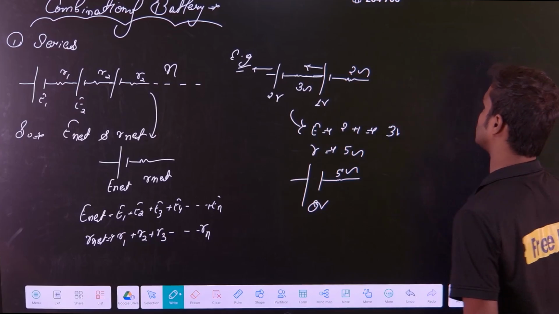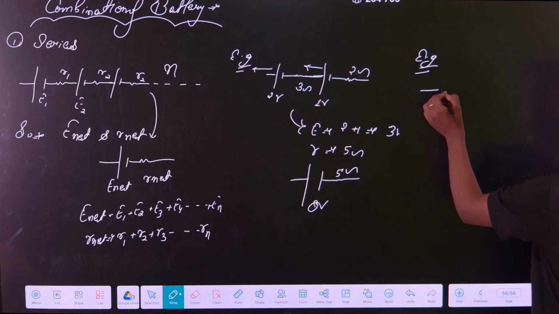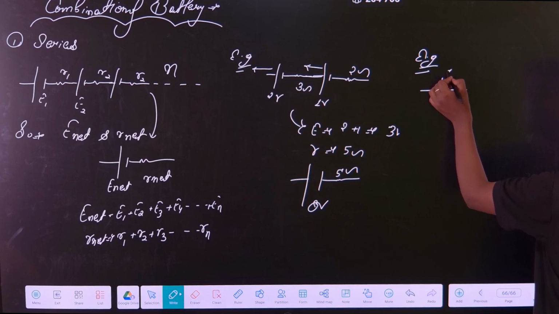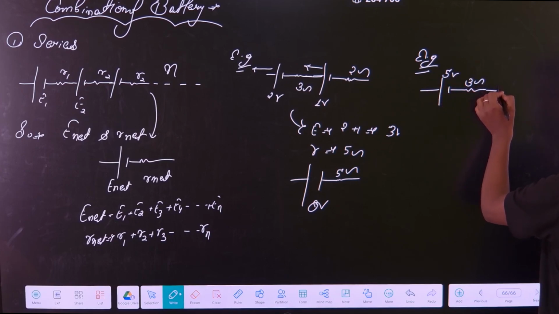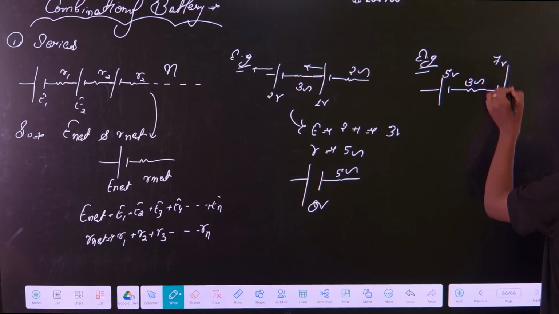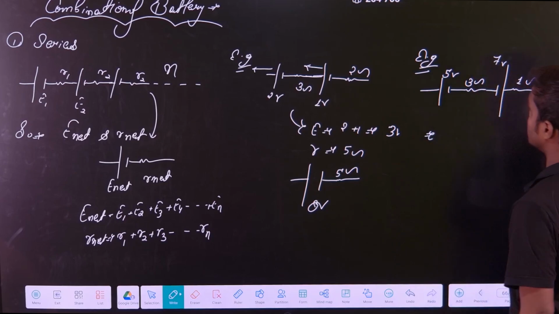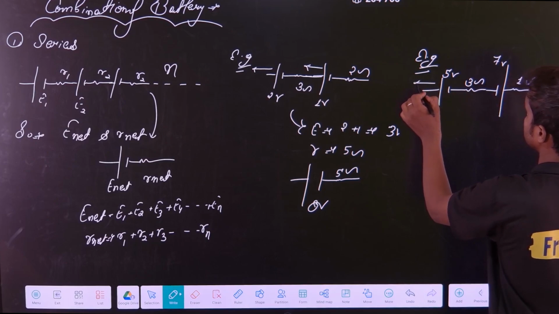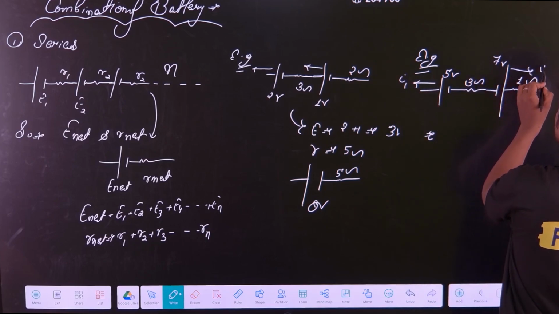But in the same question, let us do some changes. Let us talk about another example. Suppose I have a battery of 5 volt and the resistance is 3 ohm. Similarly, I have another battery of 7 volt and this resistance is 1 ohm. Now here, how will you draw? See, this battery is going to send the current in this direction, current I1. This battery is going to send the current in this direction, that is I2.